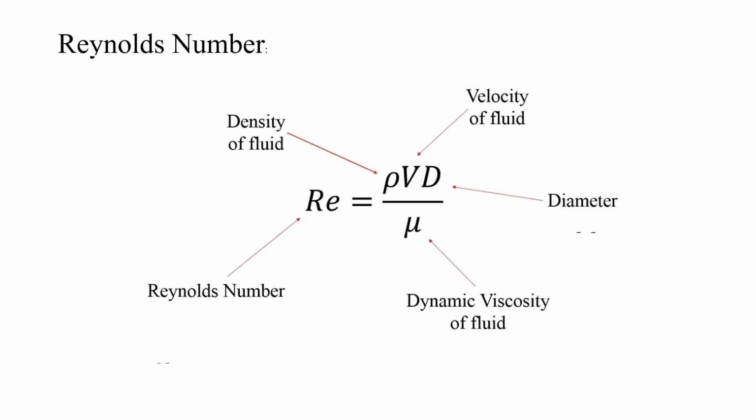The formula for Reynolds number is given as Re equals rho times d times V divided by mu, where rho is the fluid density, V is the velocity of the fluid relative to the sphere, d is the diameter of the sphere, and mu is the dynamic viscosity of the fluid.